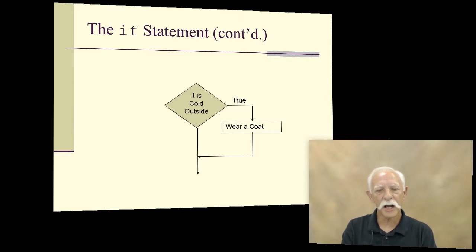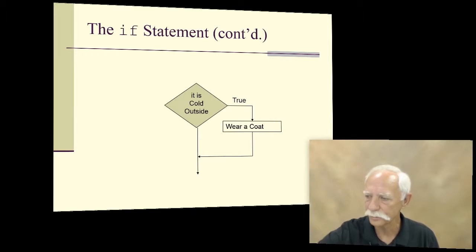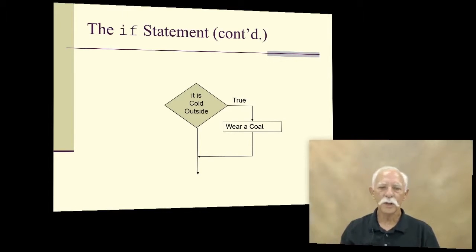If that statement is not true, you'll continue getting dressed and getting your shoes on, picking up your bags and all that, and heading out the door. So you have one alternative based on whether it's cold outside. And you can really see in the diagramming how that structure works.